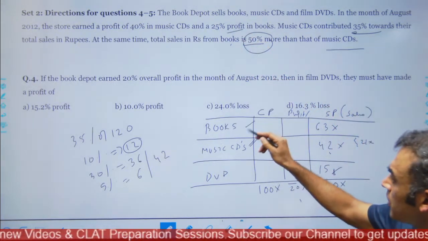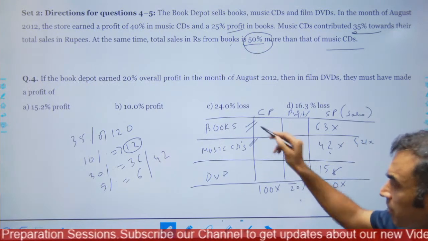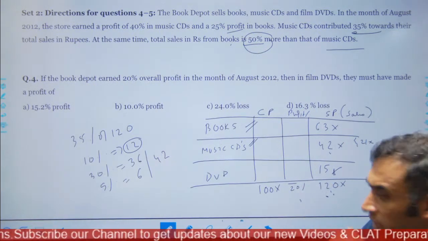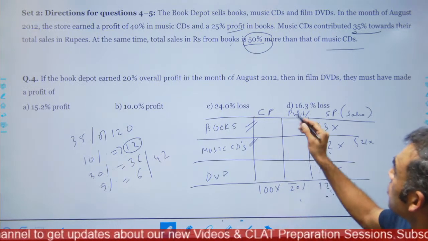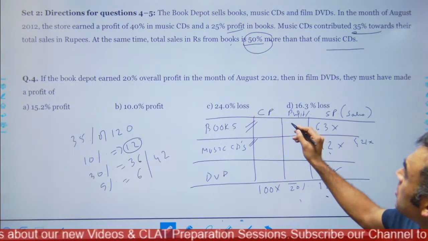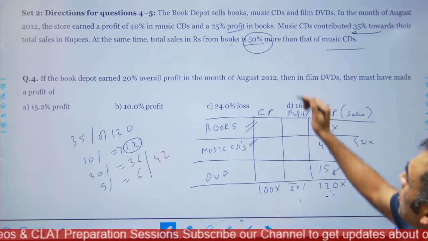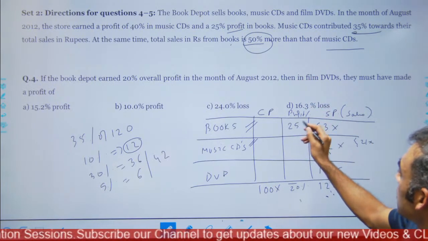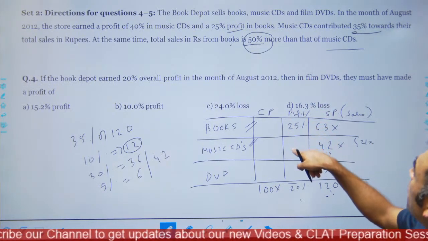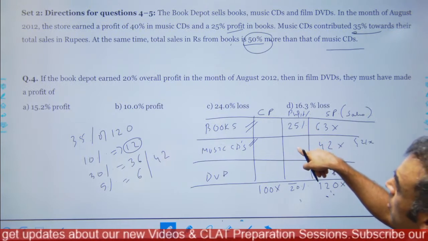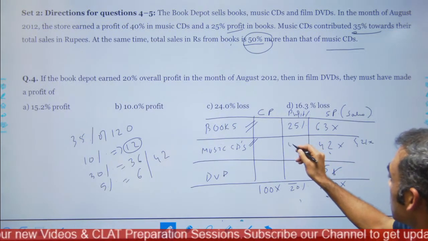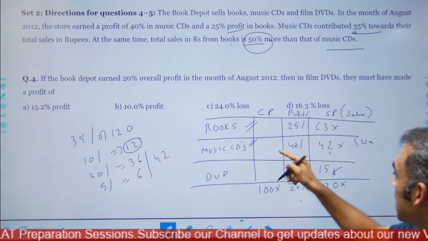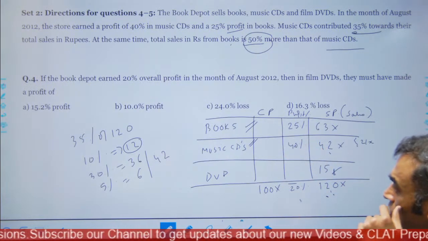So how much will books be? Can you please calculate and tell me the values for books and music CDs? You're given the profit percentage. Here it is 25% on books, and here the profit percentage is 40%. So please calculate and tell me what music CDs will be.